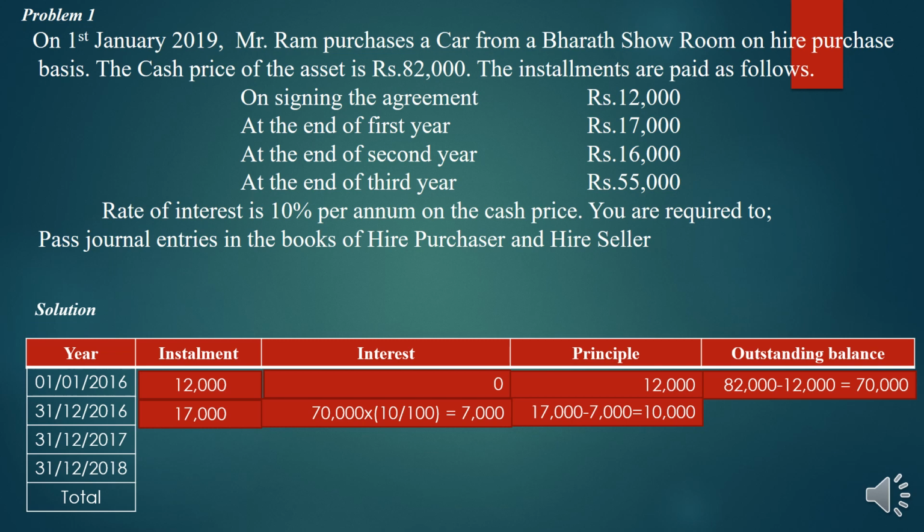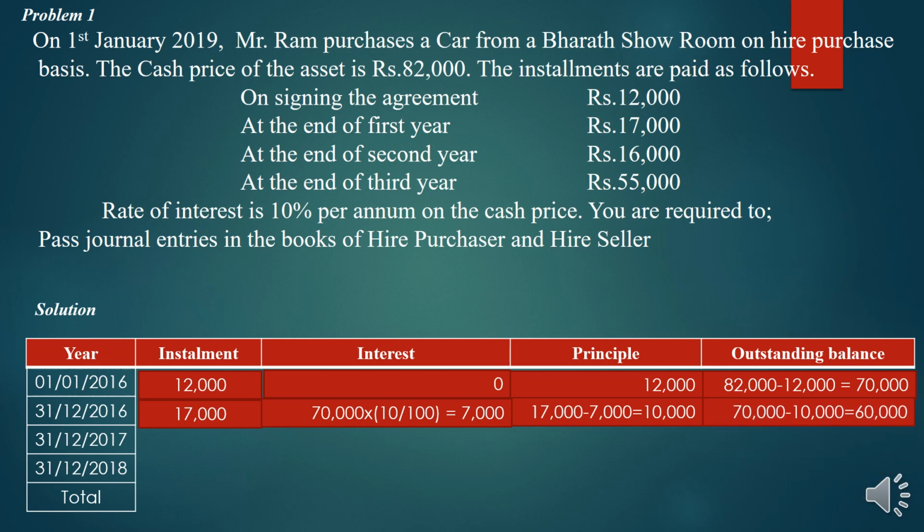Then from the outstanding balance of 70,000 you deduct the principal amount of this installment, 10,000, so you get 60,000.